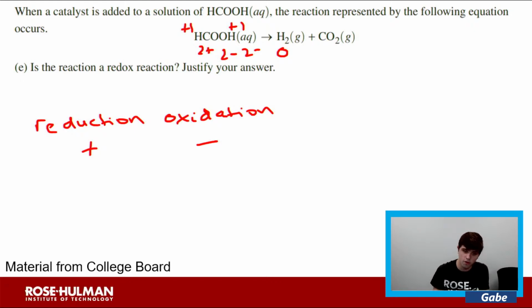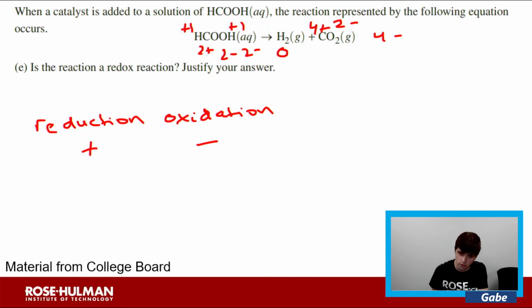When we look over on this side, we want to see if there's an actual change in the oxidation numbers for our carbon and our oxygen. Looking at our oxygen, there are 2 of them, each 2-, so it's really 4-, which means this carbon is going to be a 4+ charge.